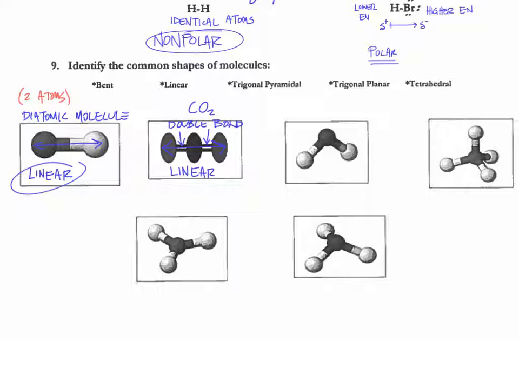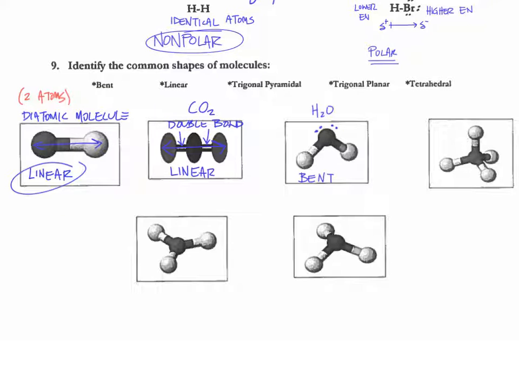It kind of looks like a linear shape that was bent down. This molecule actually has a lone pair here and a lone pair here. This example would be H2O, water. So water molecules are always bent. Carbon dioxide molecules are always linear.